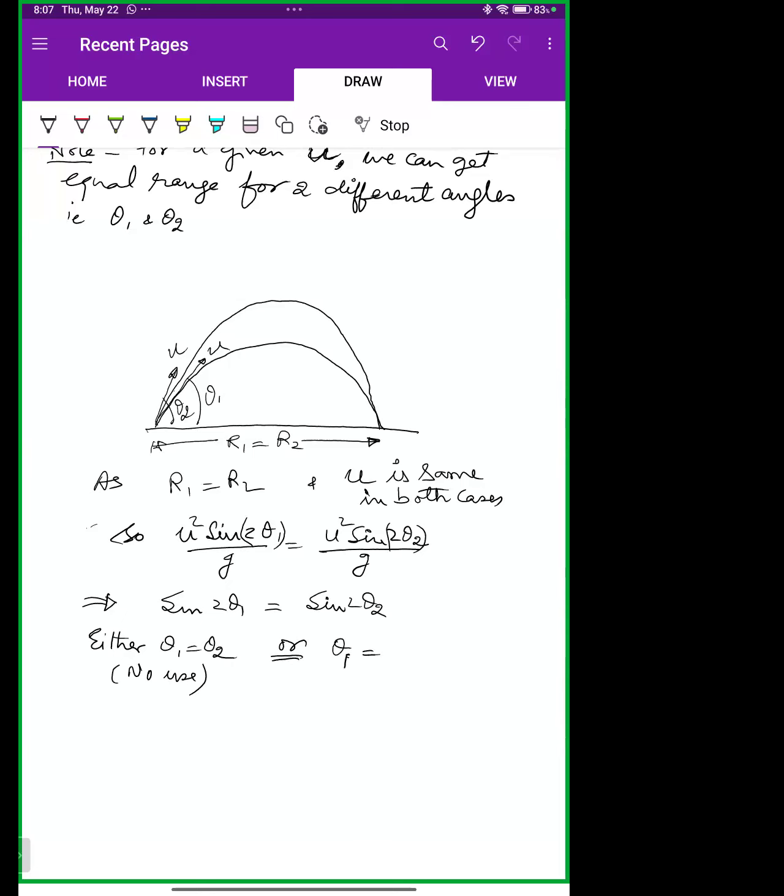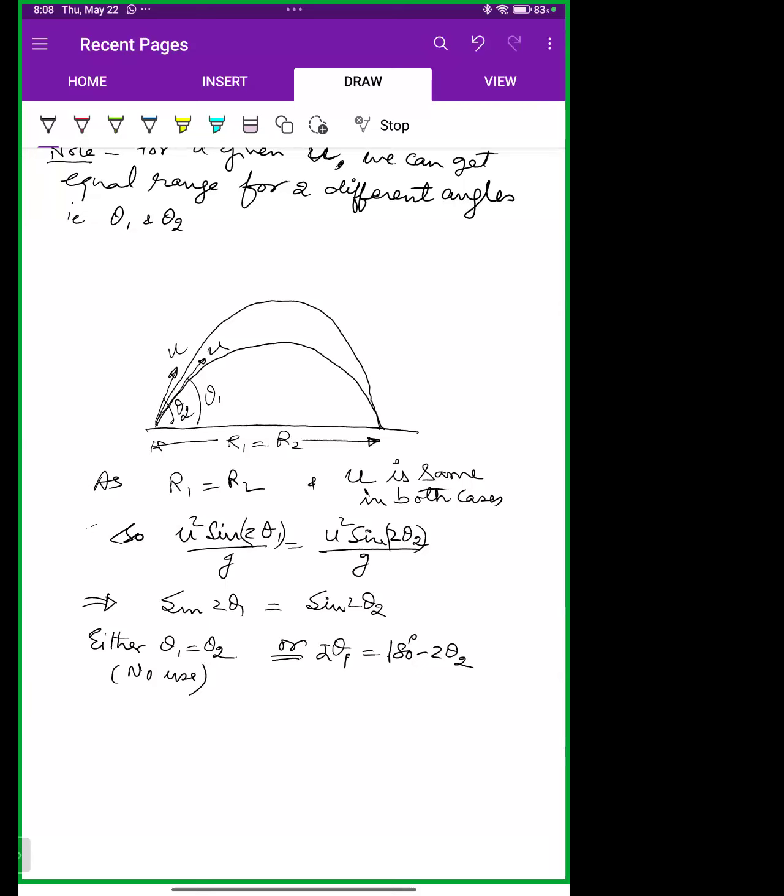Or 2 theta 1 is equal to 180 degree minus 2 theta 2. You know the sine function is same at two values. The first angle is in the first quadrant and the second angle is in the second quadrant.